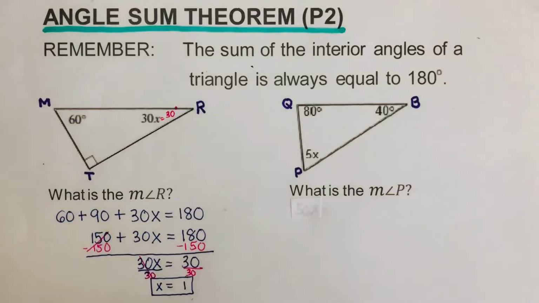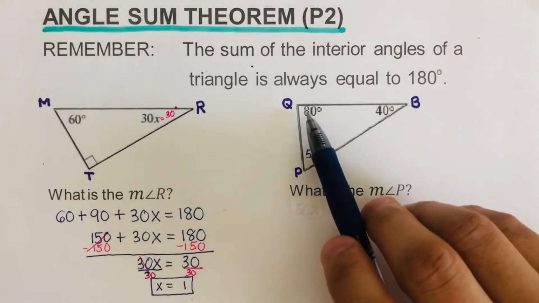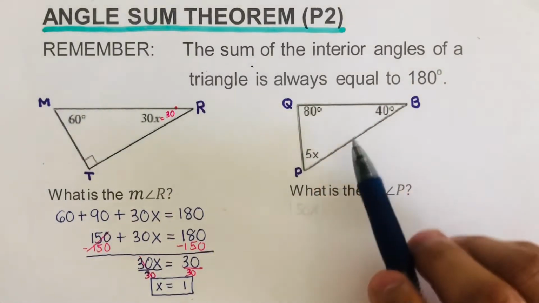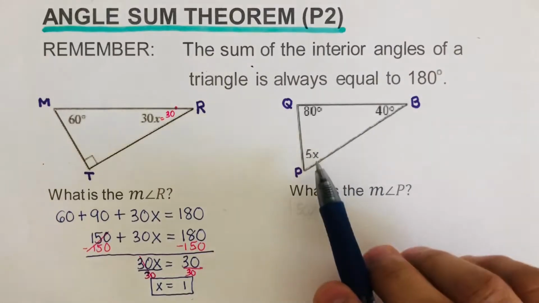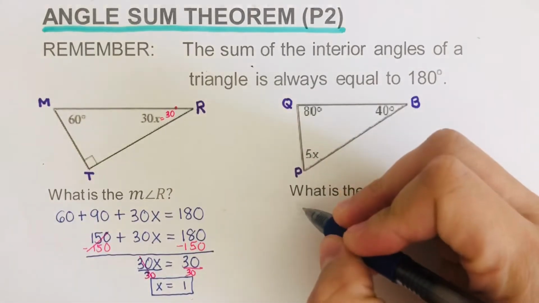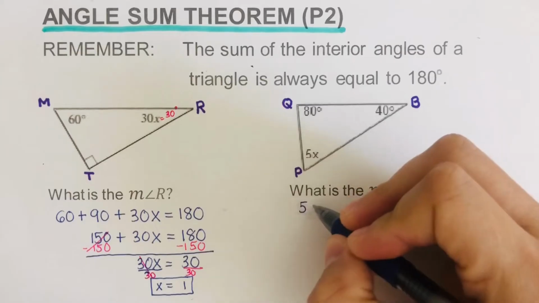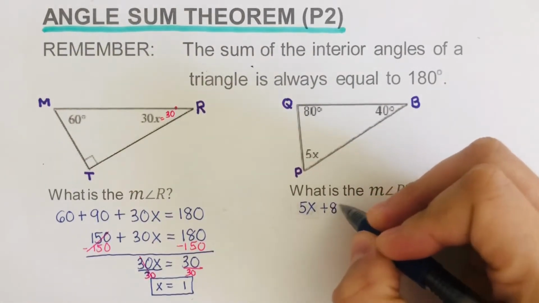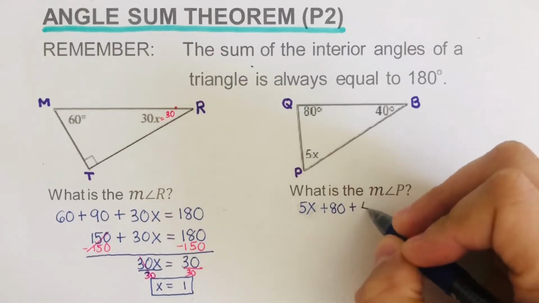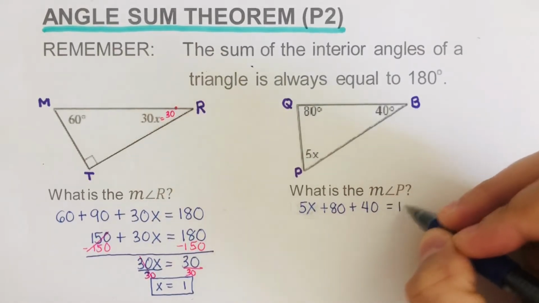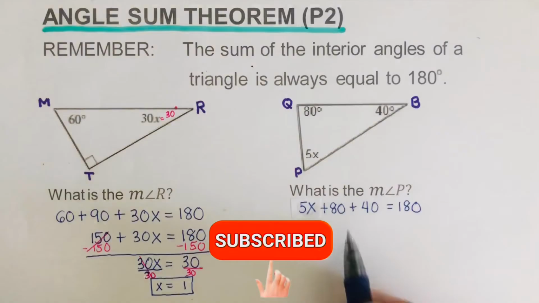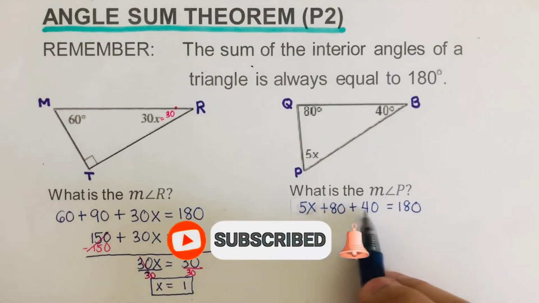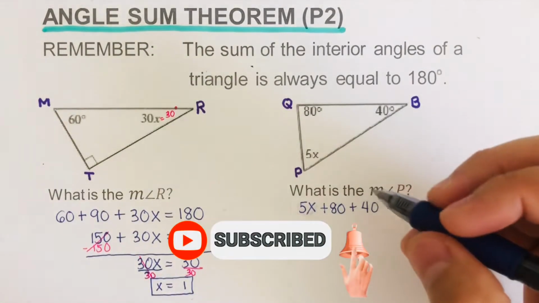Let's go over this problem here. Again, we add all of these three angles and equal them to 180. It doesn't matter which one you write first, so I'm just going to write 5x first. So that's 5x plus 80 plus 40 equals 180. Then I'm going to combine the constants. 80 plus 40 is 120.